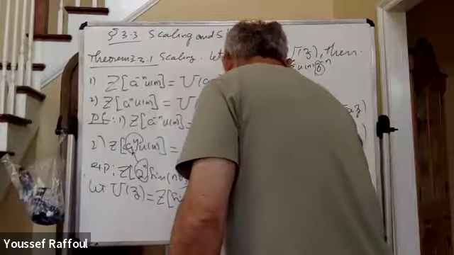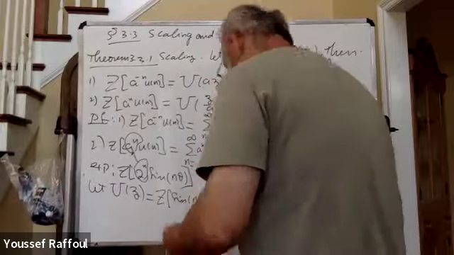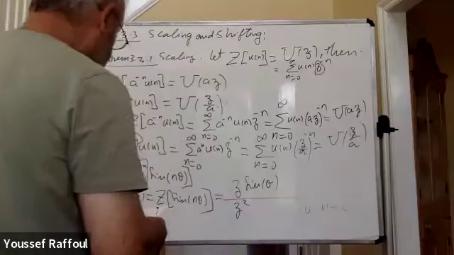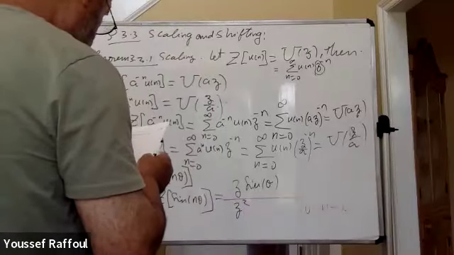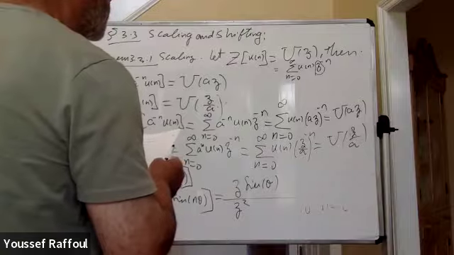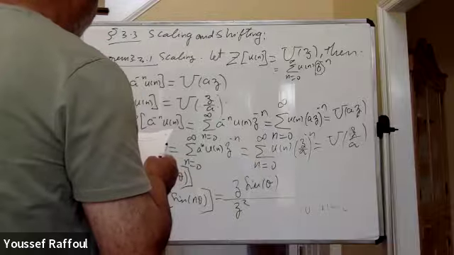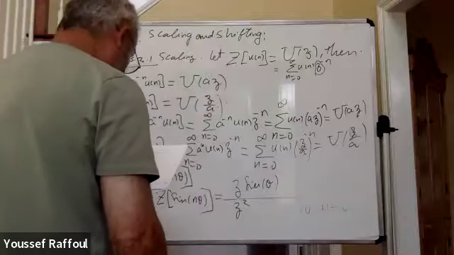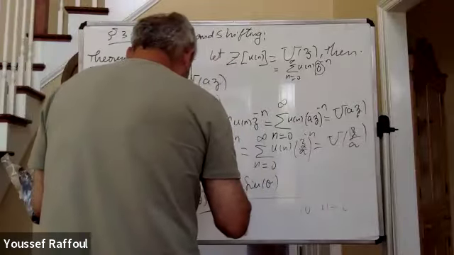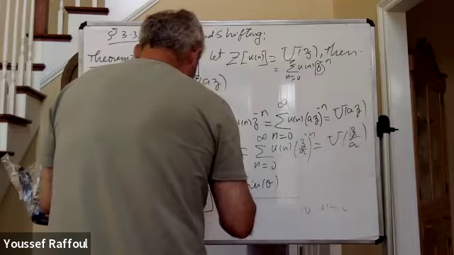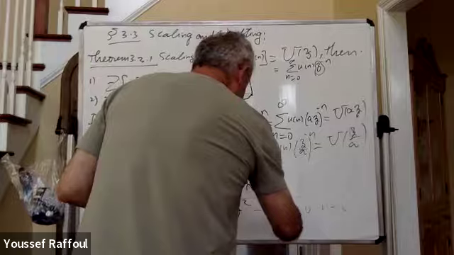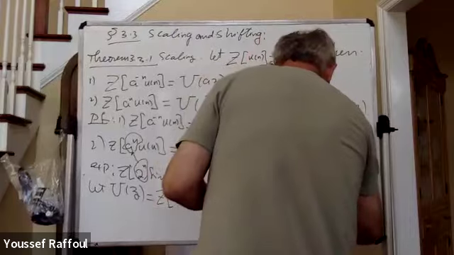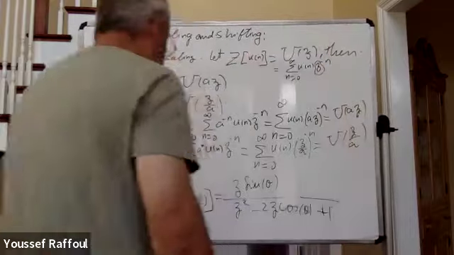It is z sine theta over z squared minus 2z cosine theta plus 1. That is U(z).